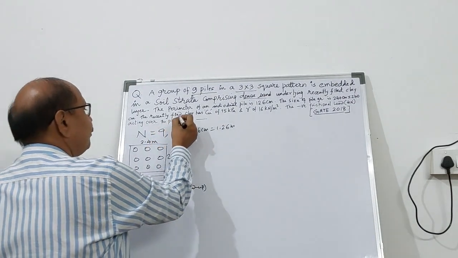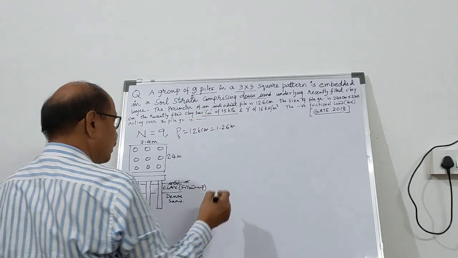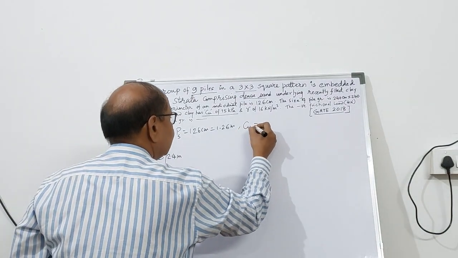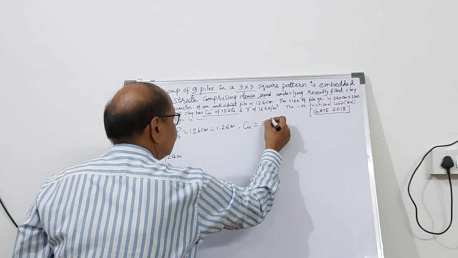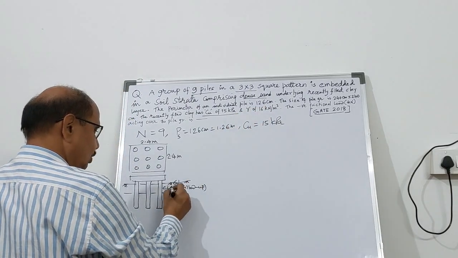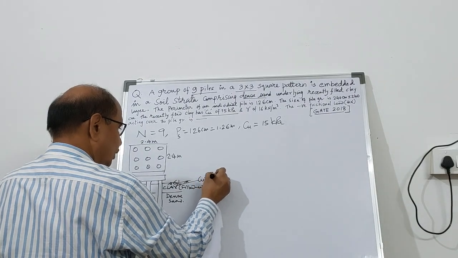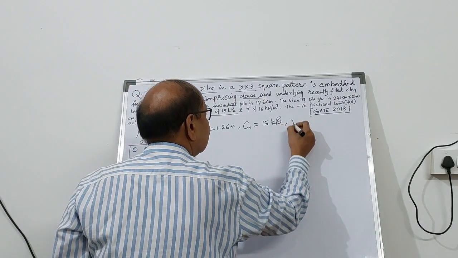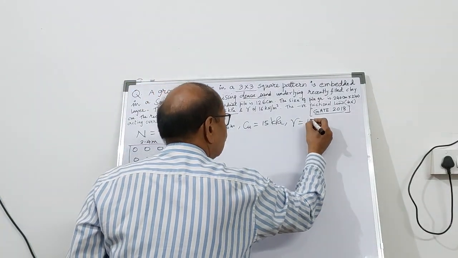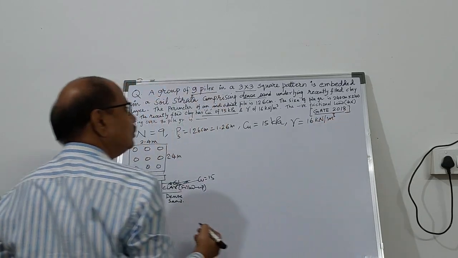The recently filled clay has undrained cohesion of 15 kilopascal. So you have got Cu equal to 15 kPa, and the unit weight, that is gamma, is given to you as 16 kilonewton per meter cube.